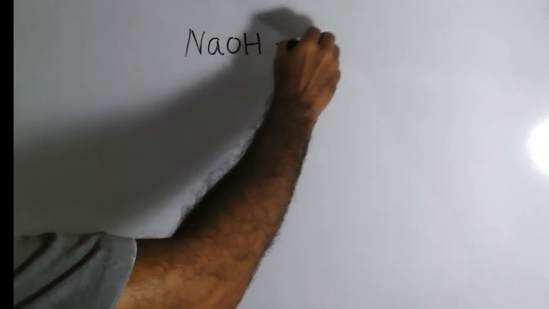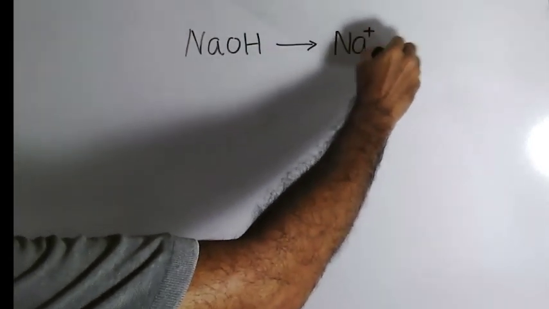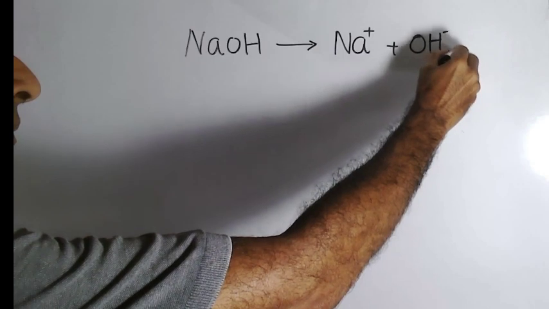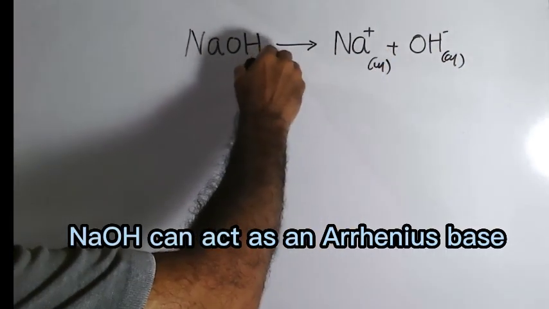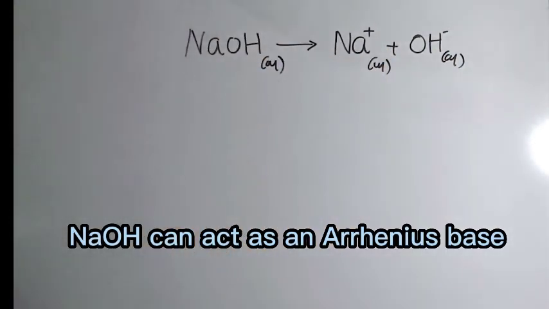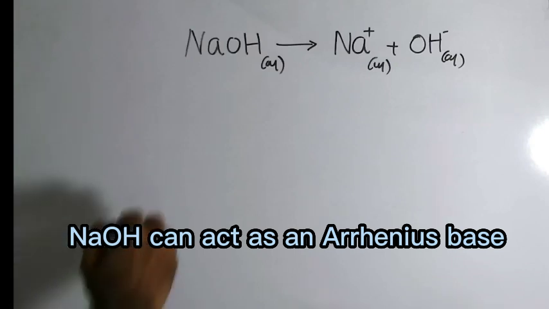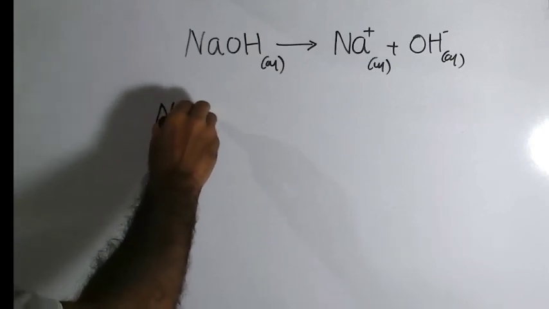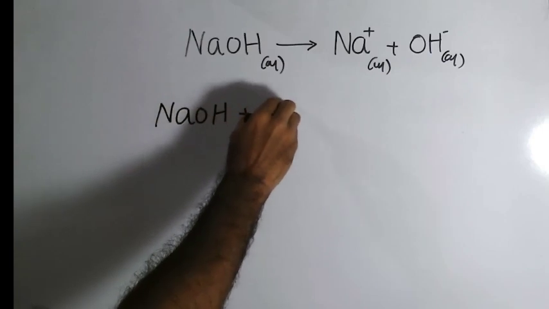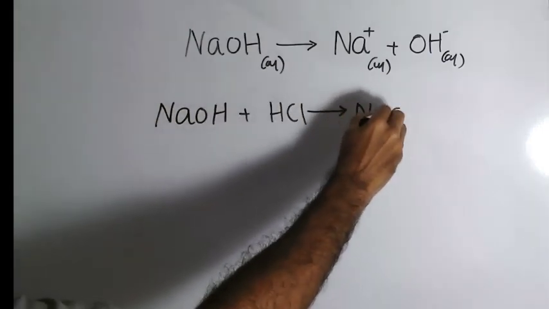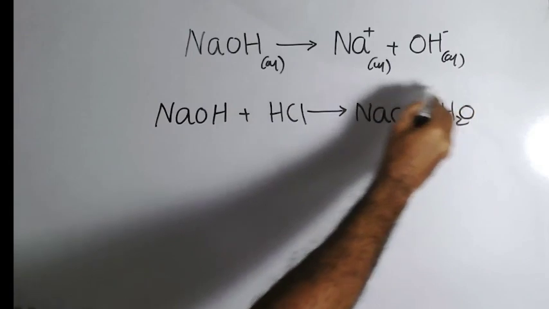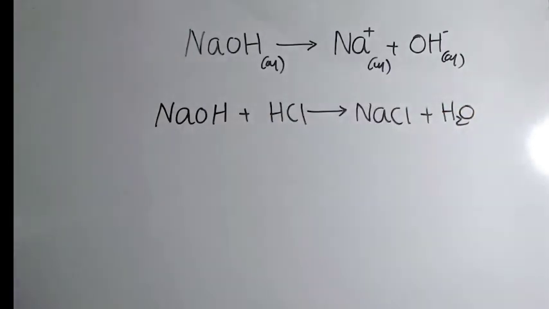Now let us consider sodium hydroxide. Sodium hydroxide ionizes and produces sodium ions and hydroxyl ion. Medium should be aqueous. Now clearly we can say sodium hydroxide can act as an Arrhenius base because it can readily produce hydroxyl ion. In the presence of an acid, let us say HCl, it produces salt and water. This is a simple neutralization reaction.